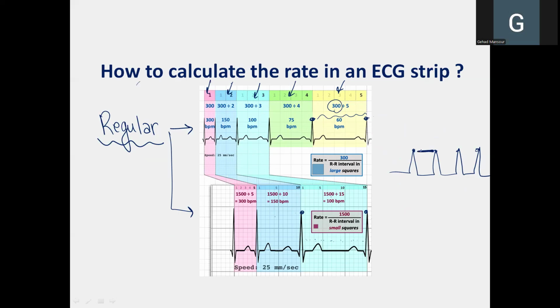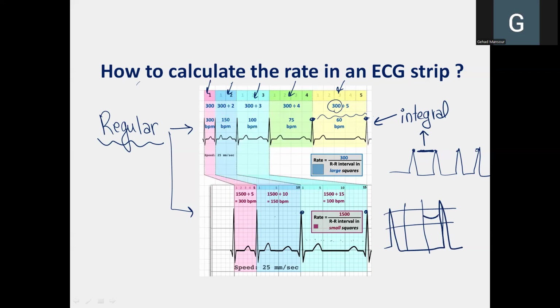between two successive R peaks, you have an integral number of big squares, then you refer automatically to this method. But if you don't have an integral number of big squares, meaning that, for example, between two successive R peaks you have one integral big square, another integral big square, but here you have only three small squares, so this is not an integral big square.